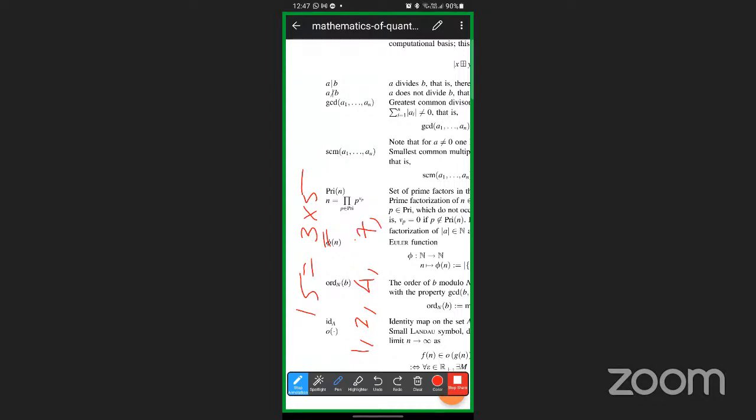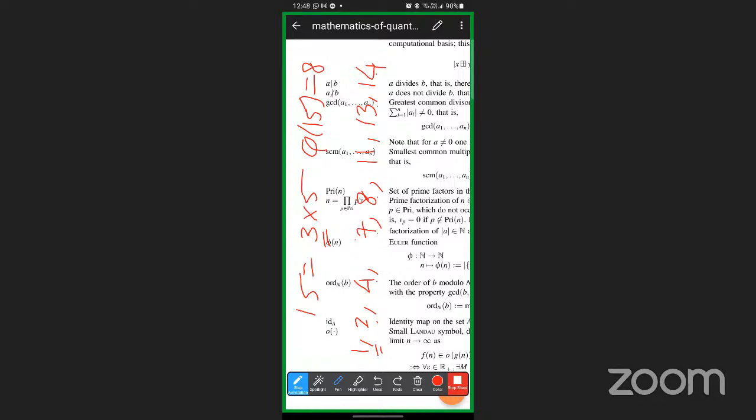It's 7, 8, 9 is not possible, 10 is not possible, 11, 12 is not possible, 13, 14. These are all the numbers which are relatively prime to 15. So 1, 2, 3, 4, 5, 6, 7, and 8. So phi of 15 is 8.